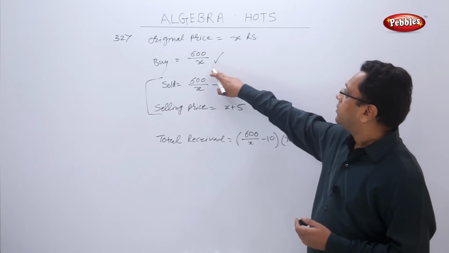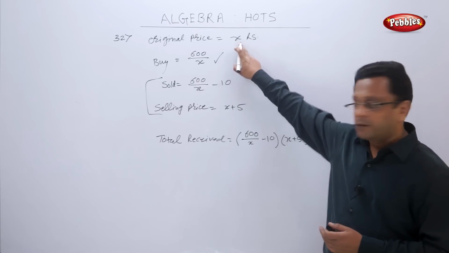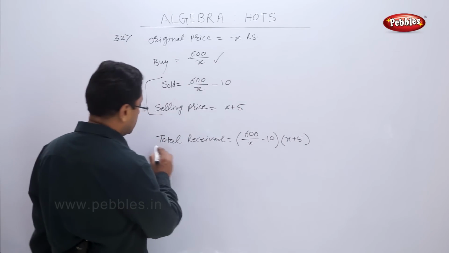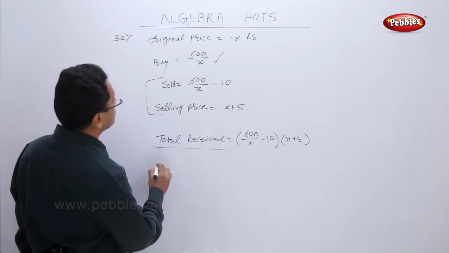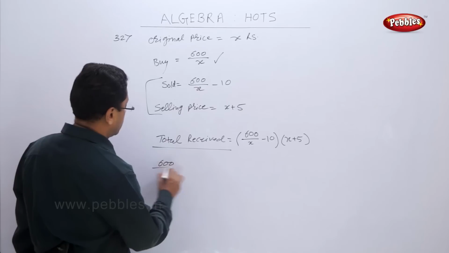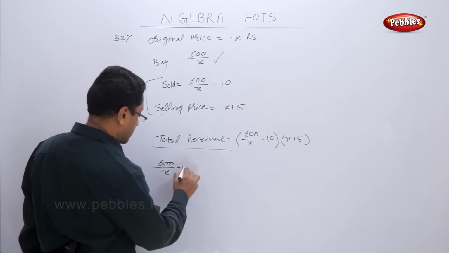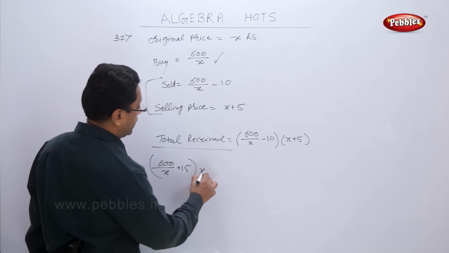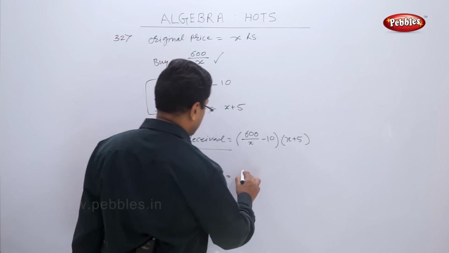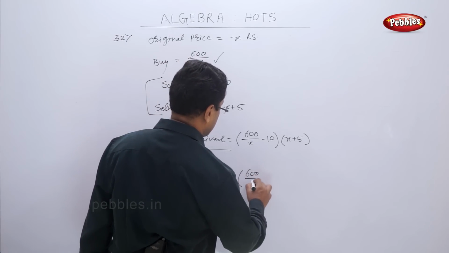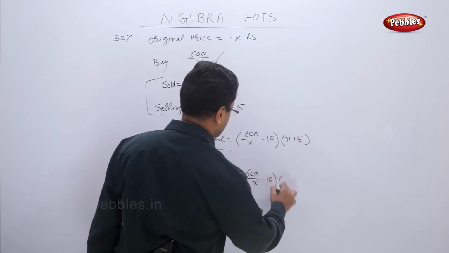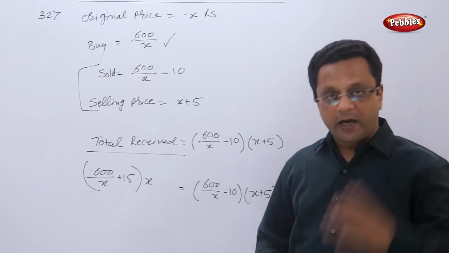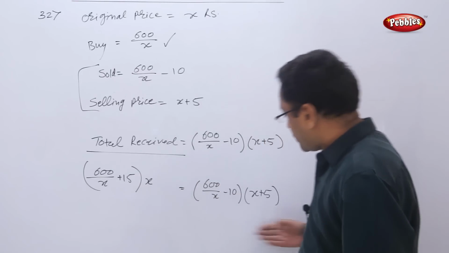Original price into x. That means from the total amount he received, he could have bought 600 upon x plus 15 into x, which is equal to 600 upon x minus 10 into x plus 5. So finally we have got this equation.